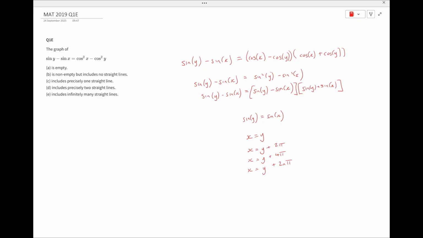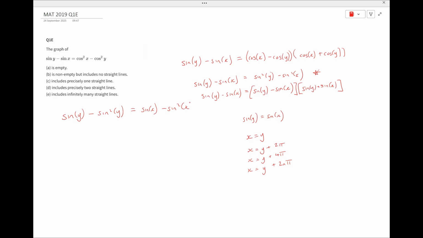Another way you could do it is, once you get to here, you don't need to bother with the whole difference of squares. You can just rearrange it to put your y's on one side and your x's on the other. So you get sine y minus sine squared y equals sine x minus sine squared x.